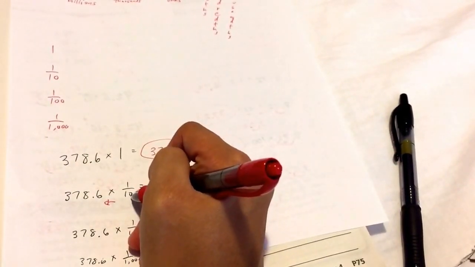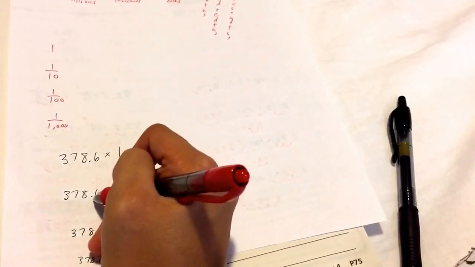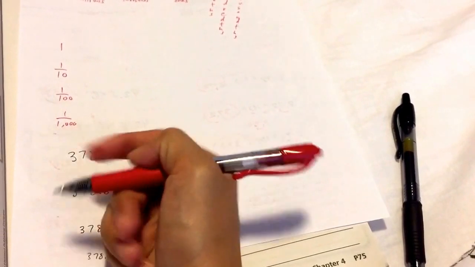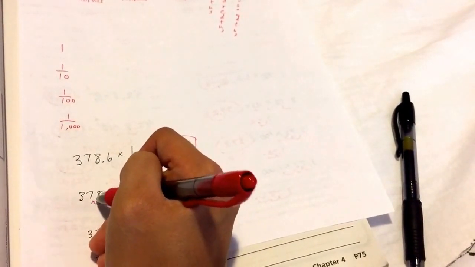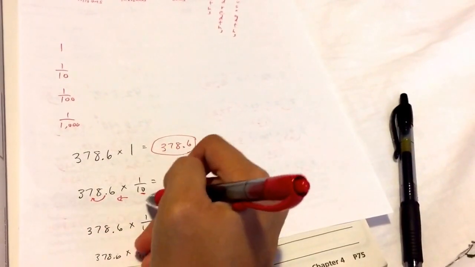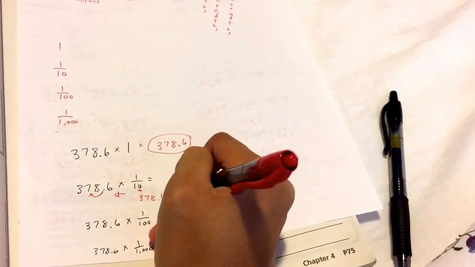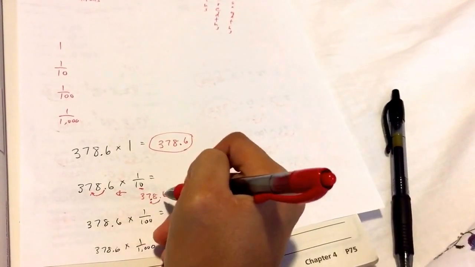The second thing is you're only going to move it 1 time to the left, because there's 1 zero. So if you take this decimal, instead of it being behind the 8, you're going to move it 1 time to the left, 1 time this way, and in front of the 8, that is your new answer. So of course, I'm going to rewrite at the bottom, 378.6, move it 1 time to the left, means it's going to go in between the 7 and the 8.